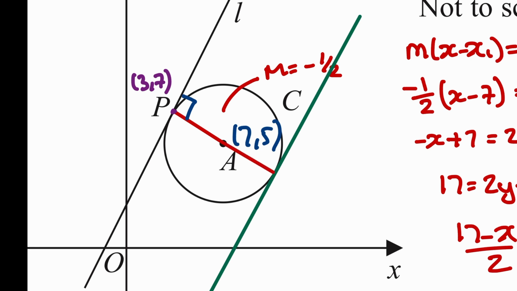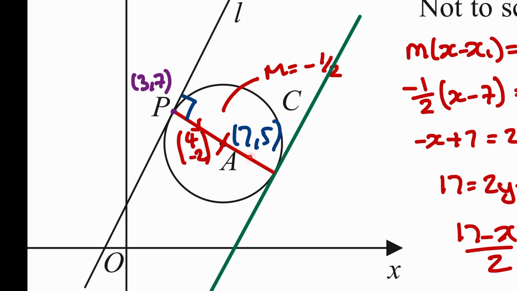And now we can just use vectors to work out this point. From P to A, we go from 3 to 7. So we've got 4 across. And then from 7 to 5, we're going down by 2. So our translation vector is (4, negative 2).